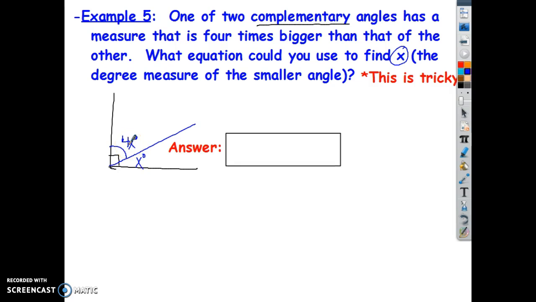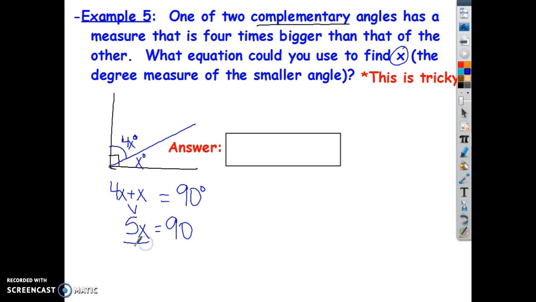So 4x is the same thing as saying 4 times x. Now we know complementary angles equal 90 degrees. So what we can do is set our angles 4x plus x equal to 90 degrees. We add these together because we're combining like terms. So we get 5x is equal to 90 degrees.